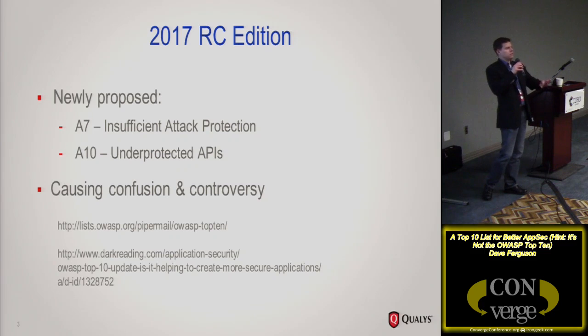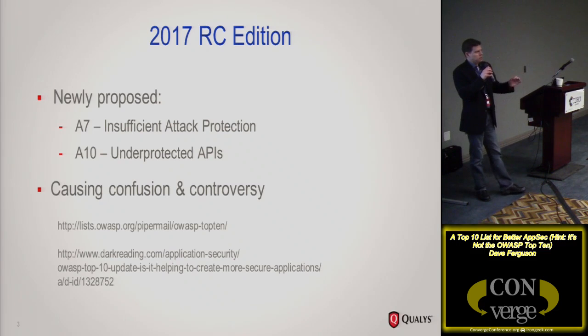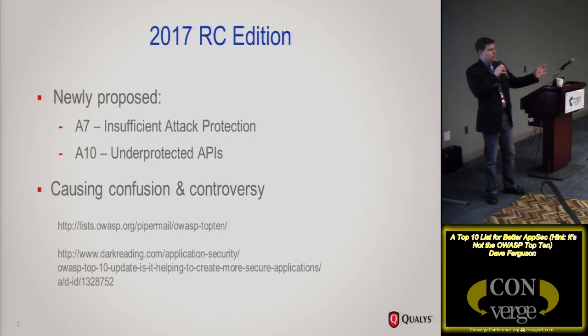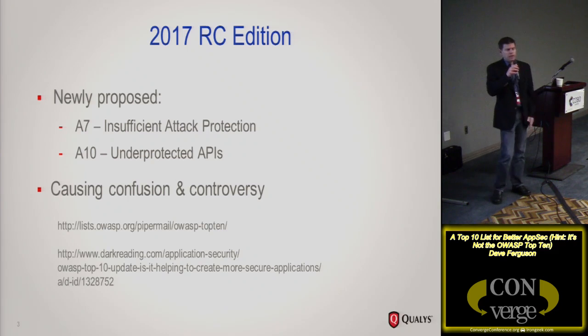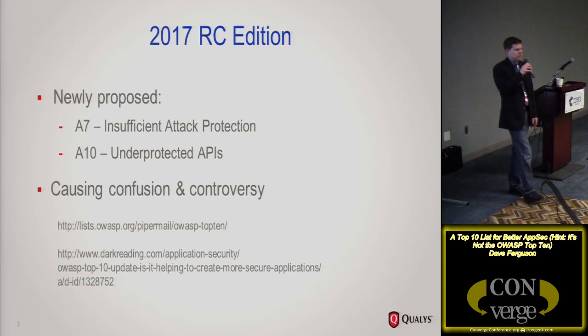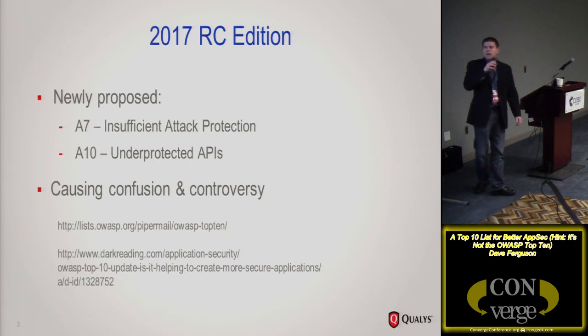The A4 and A7, which both relate to authorization issues, have been combined into one, A4, which is called broken access control. I'm okay with both of those, and I think most everybody in the AppSec world has no problem with those. The things that are causing controversy are the new ones, especially this new A7 called insufficient attack protection.